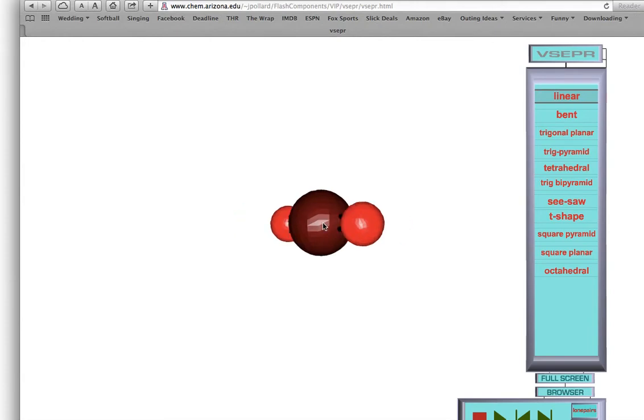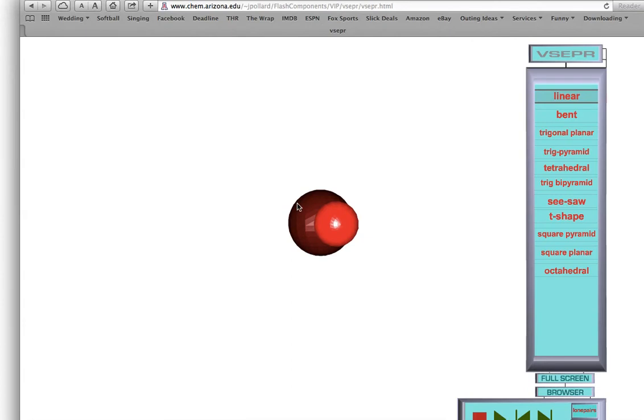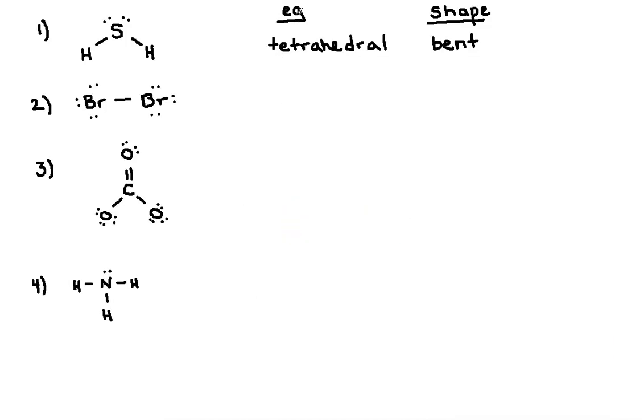We don't consider the lone pairs of electrons on the Br to be forcing it downwards because Br doesn't have a central atom. We're just considering the magenta and the red balls, and so that's going to be linear. In this case, the electron geometry and the molecular shape are the same. They're both going to be linear.